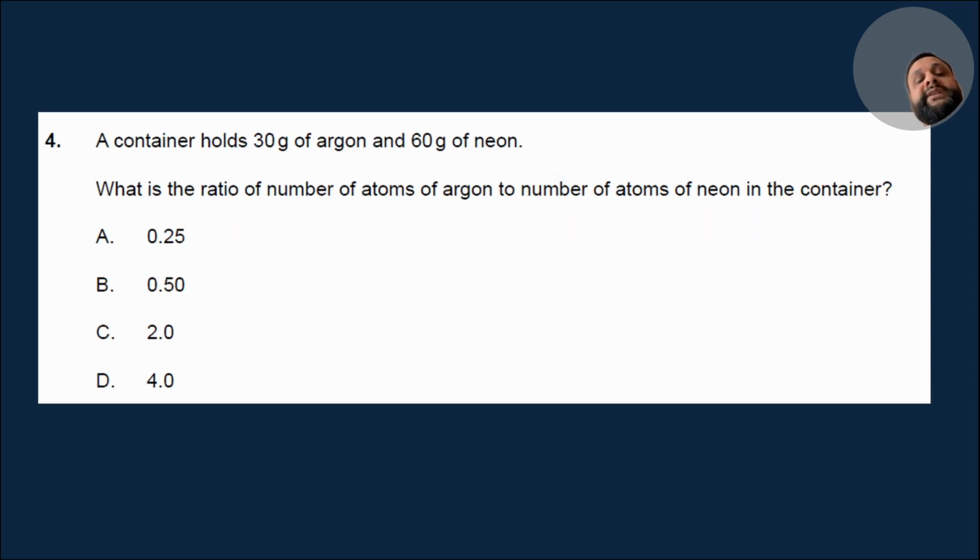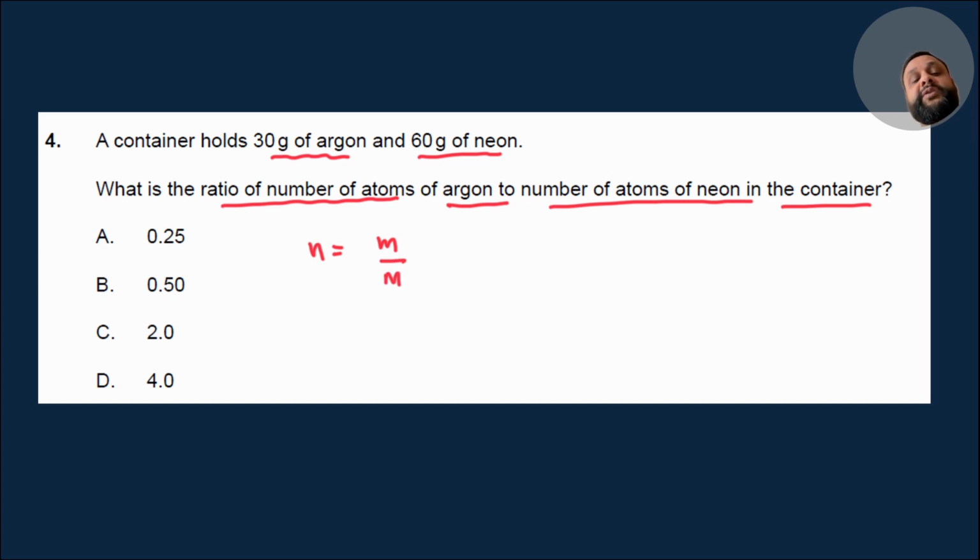The container holds 30 grams of argon and 60 grams of neon. What is the ratio of the number of atoms of argon to the number of atoms of neon in the container? So what we need to do is convert mass into moles first. Mole is equal to mass over molar mass.